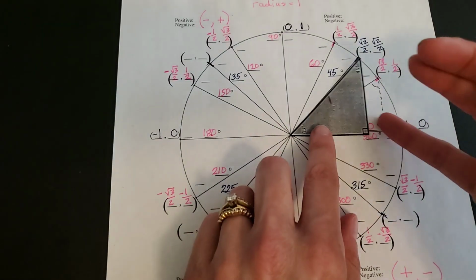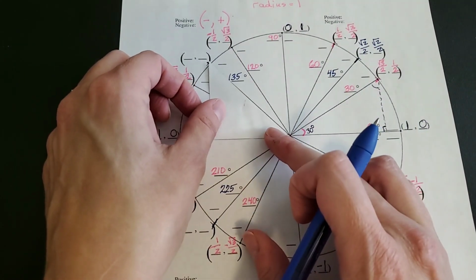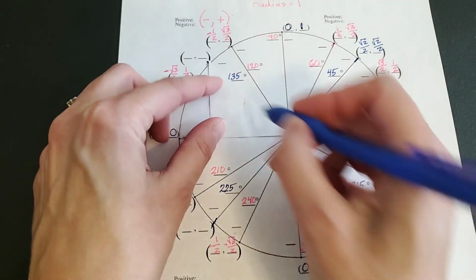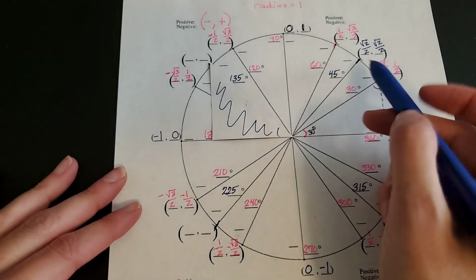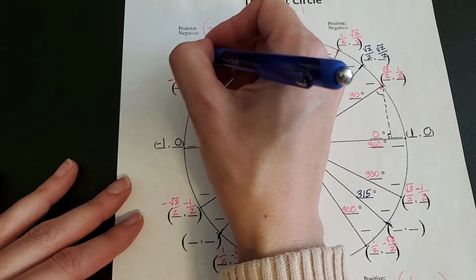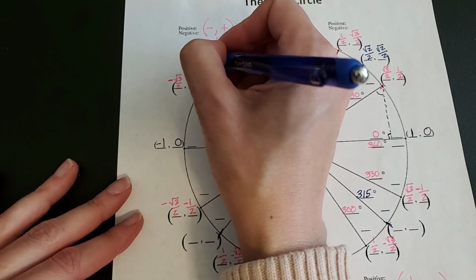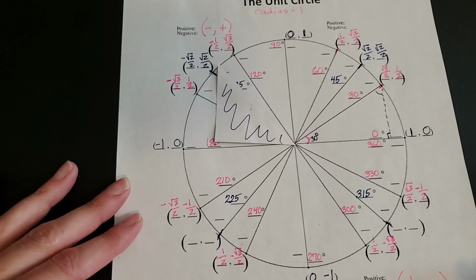And we can take this triangle and reflect it over here at 135. This also has a reference angle here of 45 degrees. So it will have the same ordered pair, but in quadrant 2, the x-coordinate is negative and the y-coordinate is positive. So negative root 2 over 2, root 2 over 2.